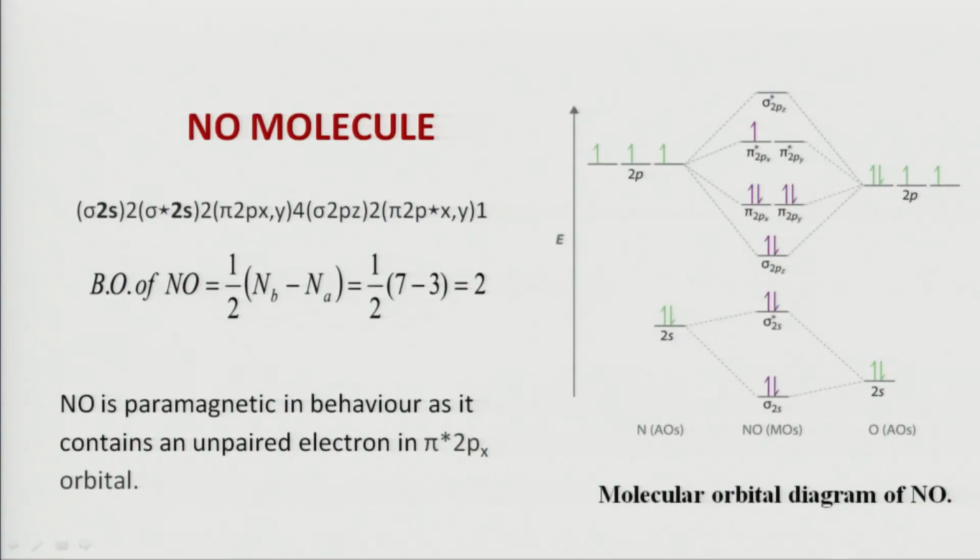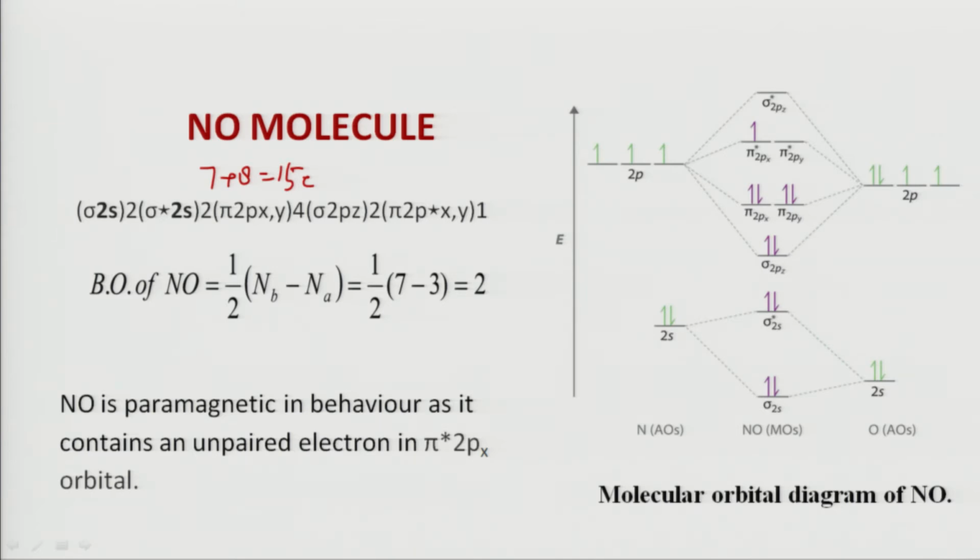Let us have a look at the NO molecule. NO molecule has in all 7 plus 8, that is 15 electrons. Let us distribute the 15 electrons in its various MOs. Leaving the first energy level KK star, otherwise sigma 1s2, sigma star 1s2, then sigma 2s2, sigma star 2s2.